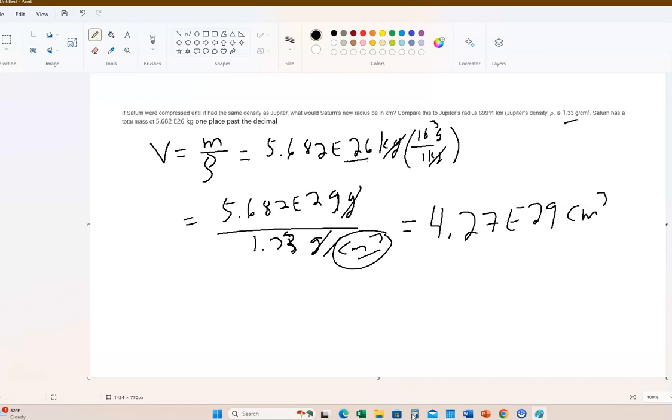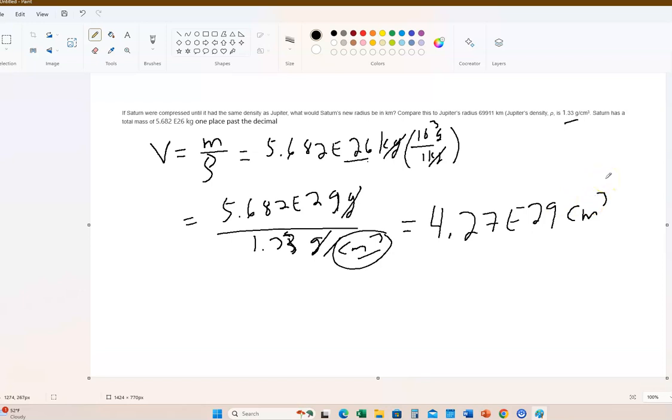That is the volume if Saturn were crushed down to the density of Jupiter. Remember, Saturn's density is about 0.7, so you'd have to crush Saturn down. All right, so now we can actually solve this for the radius.